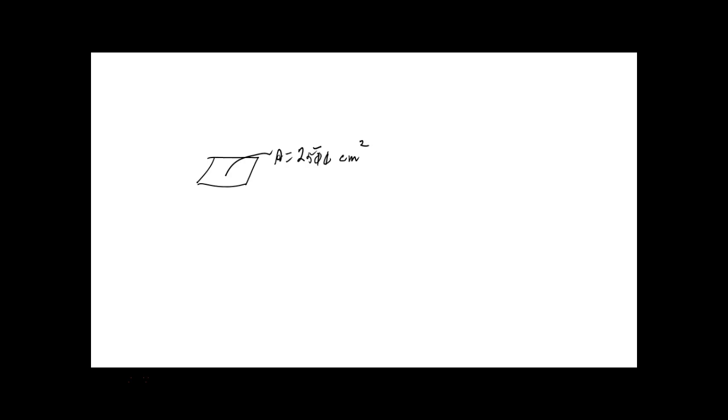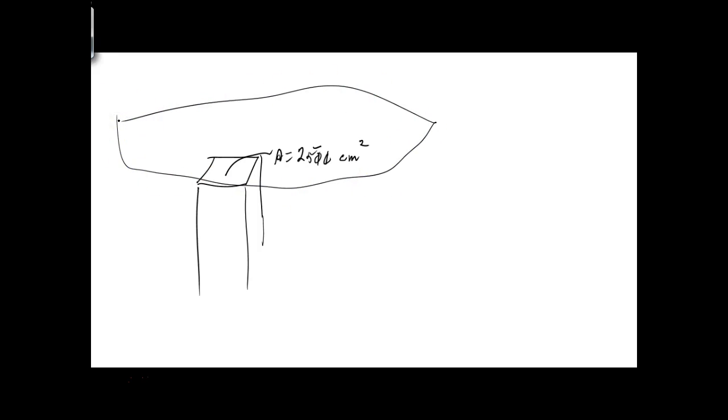Supports a weight, so this steel column here is supporting a weight up here. Maybe this is a big beam or something like that. And this force due to weight is 1.5 times 10 to the 5th newtons. That's 150,000 newtons. Okay? Find the stress on the column.